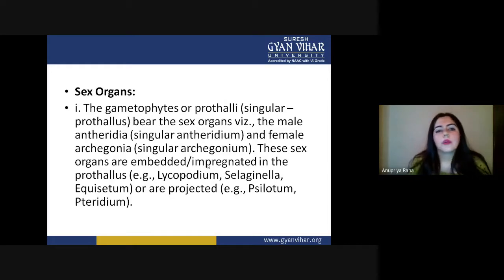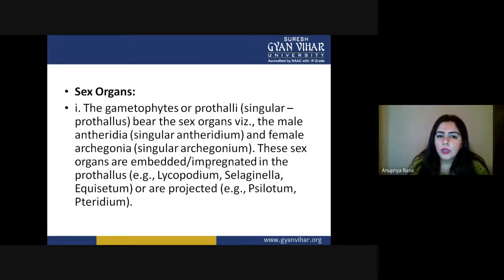Next, the sex organs. They have two sex organs, as everyone does. The gametophyte or prothalli is the plural term, and the singular is prothallus. Here the male sex organ is called antheridia, singular antheridium.